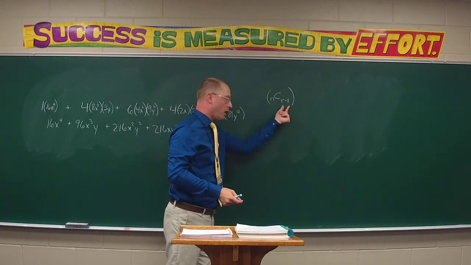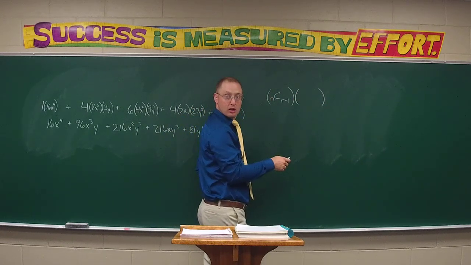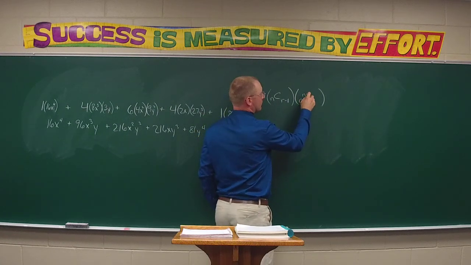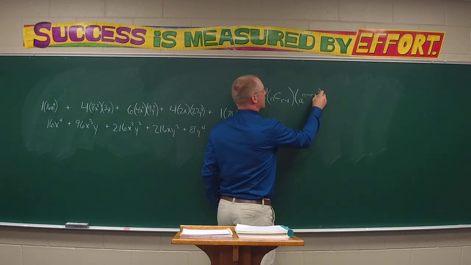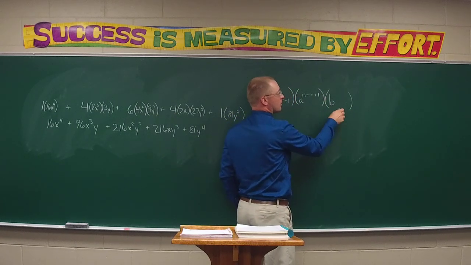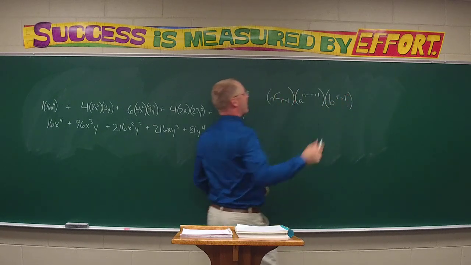We're going to do R minus 1 for my second value. Keep going, Brandon. A to the N minus R plus 1 times B to the N minus R. No, R minus 1 times. R minus 1. All right, so there's the formula.